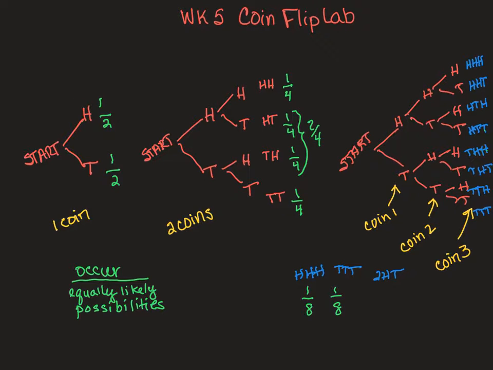Looks like I have 1, 2, 3. So 2 heads and a tail, I got 3 out of 8 times. The other option was 2 tails and a head. Let's count those: 1, 2, 3. So I have 3 out of 8.